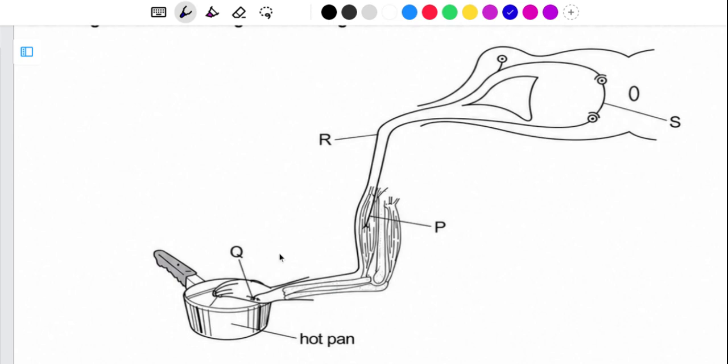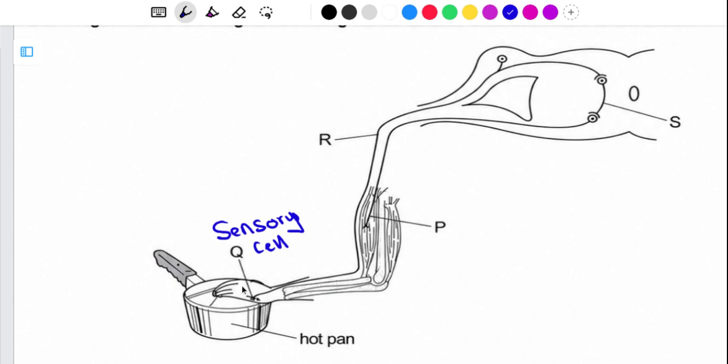Now, what type of cells are going to sense the change in the temperature? Specifically, we're talking about the stimulus here, which is the temperature. So these cells are called the sensory cells. Remember, on this hand here, we have the sensory receptors.